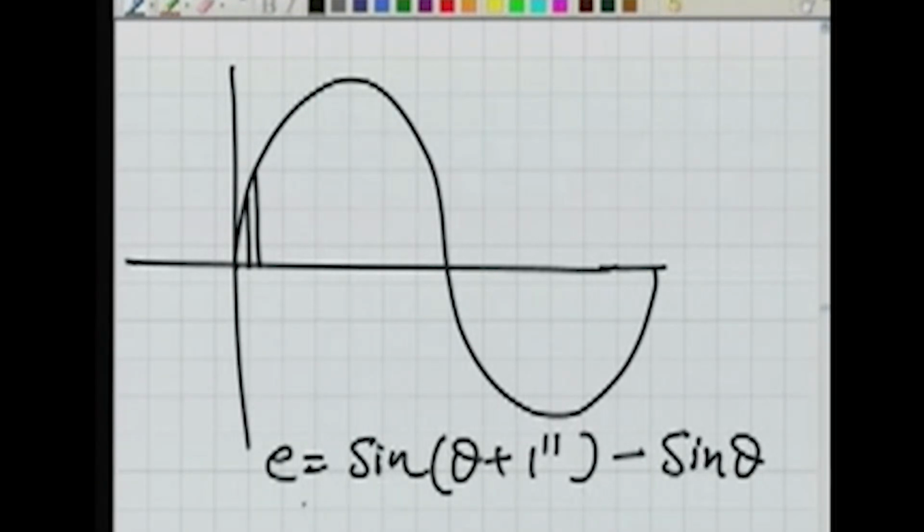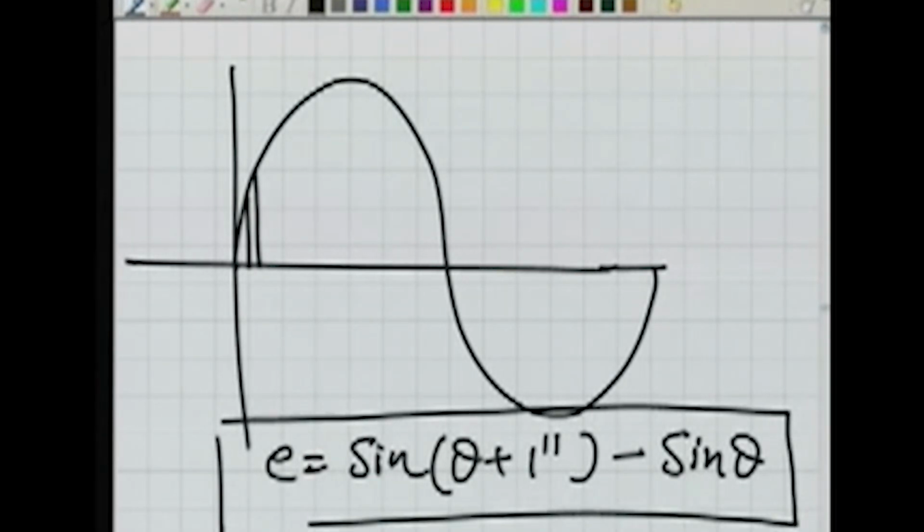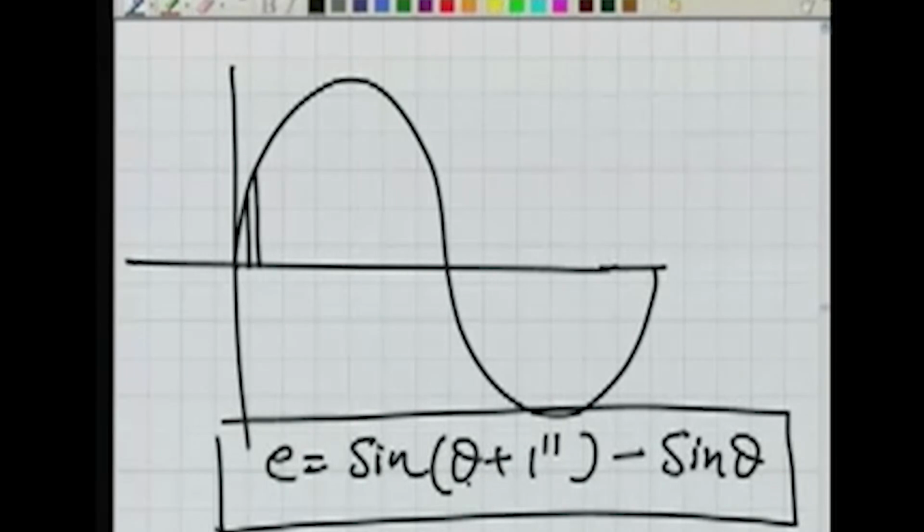I am just trying to show it here in order to explain what we are trying to do and how it is going to help us. What I am doing is computing the difference in the sine for angle theta, where I am adding 1 second here.